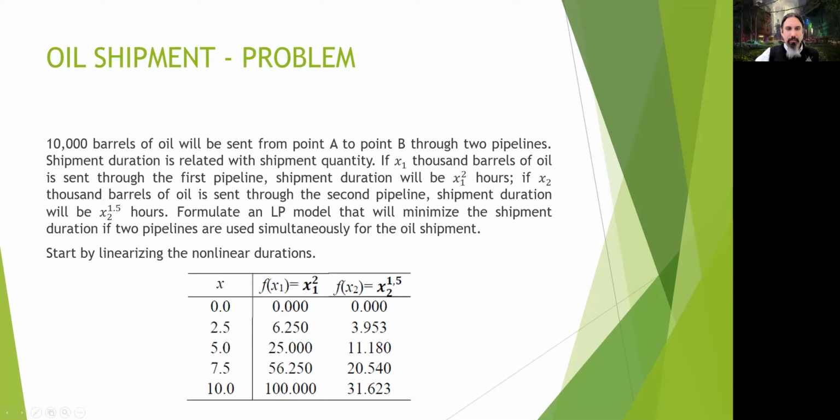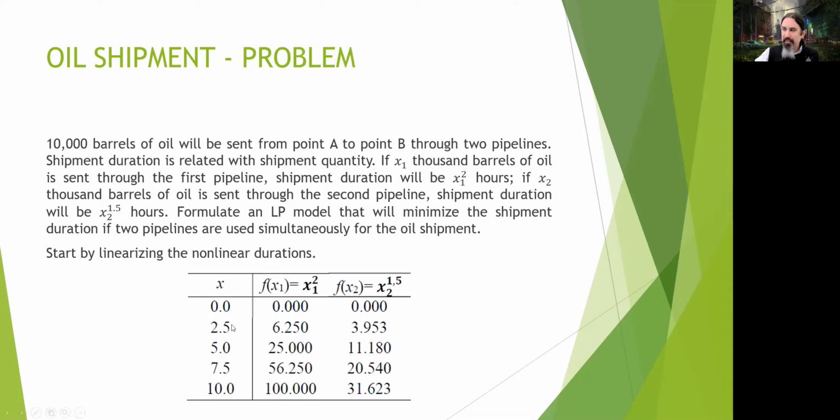And it says to formulate an LP that will minimize the shipment duration if two pipelines are used simultaneously for the oil shipment. Start by linearizing nonlinear durations. So to do this, you have to linearize those x1 squared and x2 to the power of 1.5 hour functions. You can see over here, x1 squared, we're just taking x and dividing it into pieces.